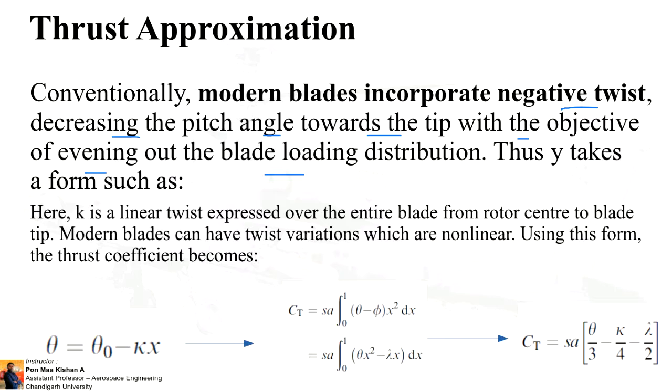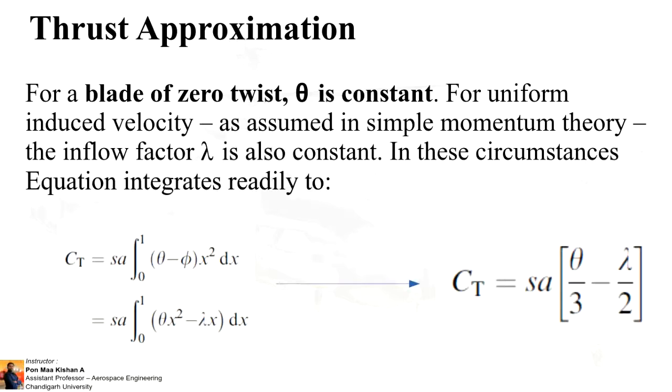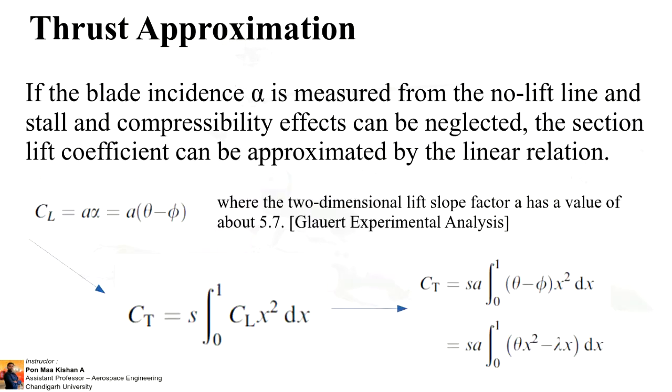So if you see the equation here, theta is equal to theta naught minus kx. Kindly understand that. Once again I'm going back to the slides. Here we are seeing alpha, which is with respect to theta minus phi.